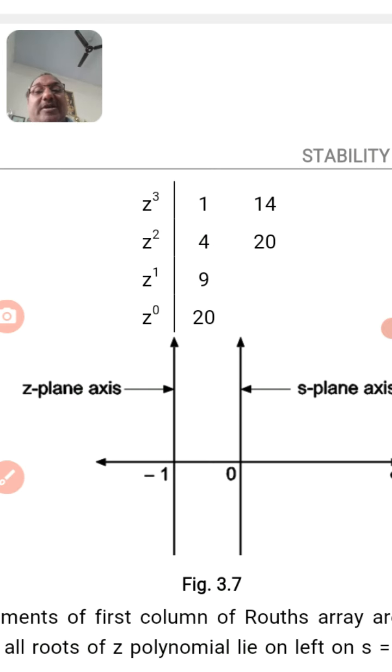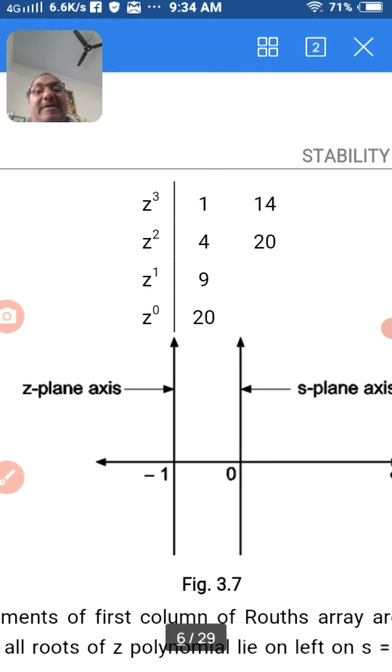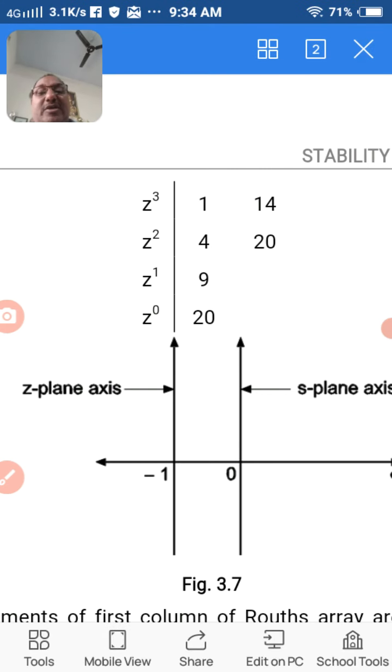Then corresponding to z, 14 into 4 minus 20 into 1 divided by 4, which is equal to 9, and 0 after that. Then lastly at z raised to 0, it is 9 into 20 minus 4 into 0 divided by 9, which is equal to 20.